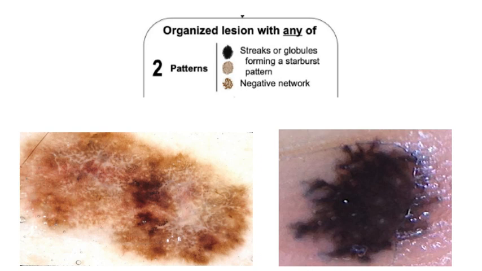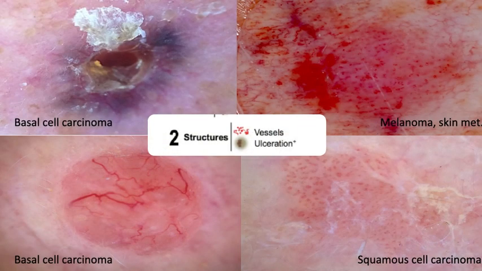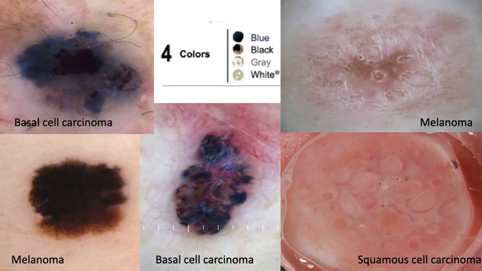So let's see, here are two lesions demonstrating negative network on your left and streaks on your right. Other lesions demonstrating vessels of different morphologies and ulceration, and other cases demonstrating blue, black, gray, and white colors.